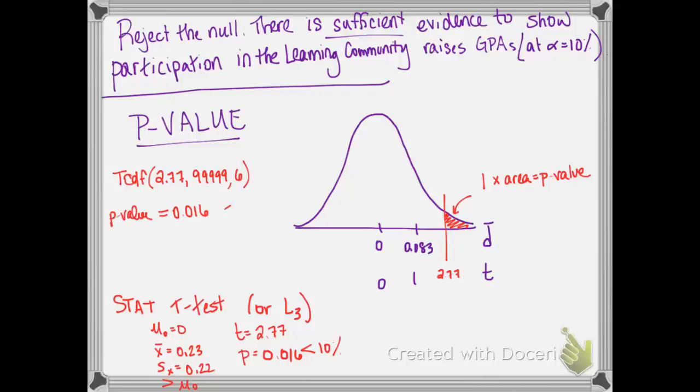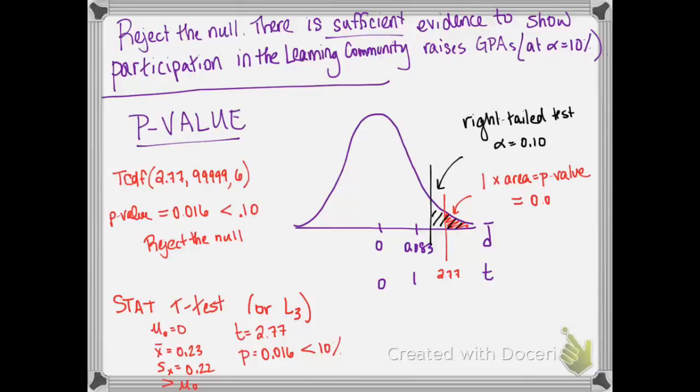That's 0.01, that's our p-value again. Therefore, we reject the null with a p-value of 0.016. That's definitely less than 10%, less than our significance level, and therefore that's unusual at a 10% level. Reject the null, there is a difference.